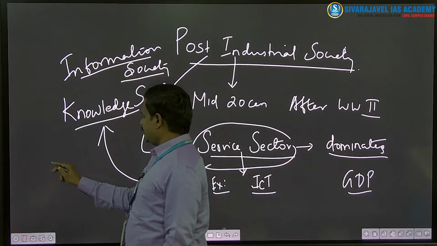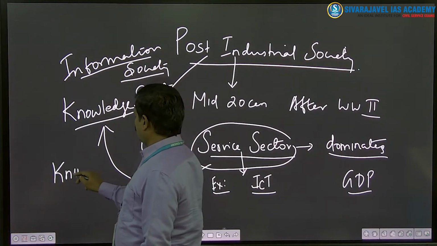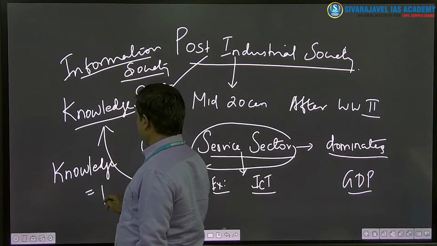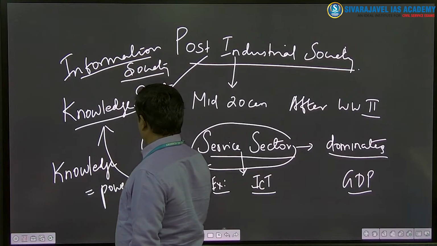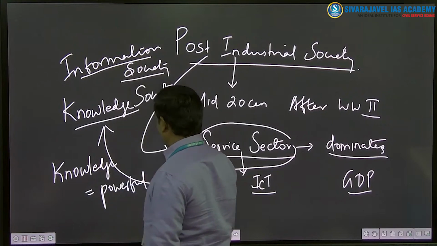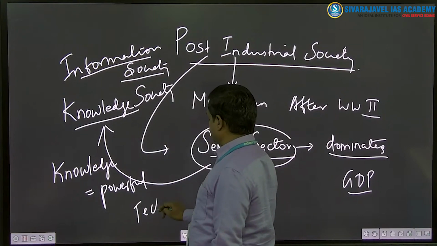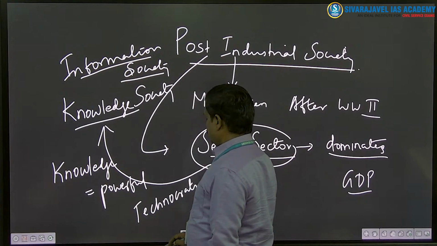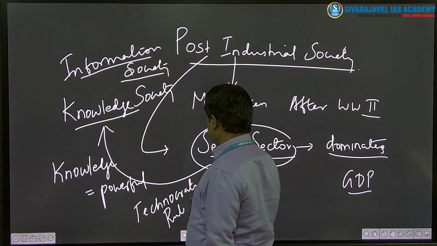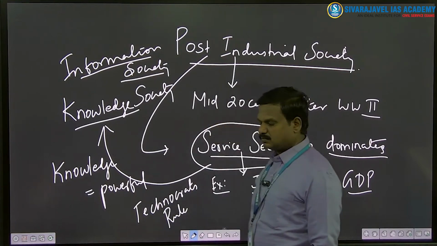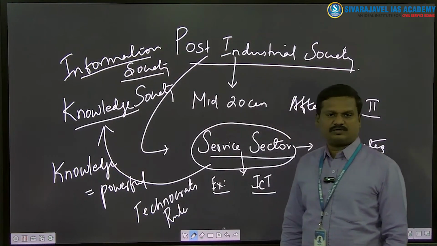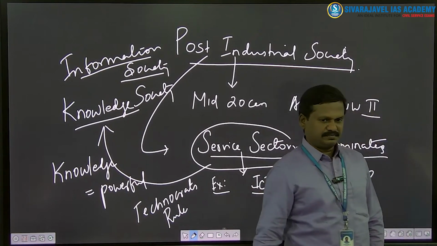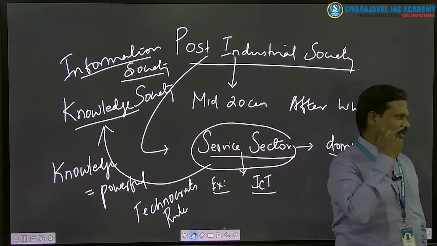Now in this society, one who holds knowledge is powerful. So who is powerful? Technocrats will rule the country. Politicians will be out because politicians do not have technical knowledge. And this is very clearly visible.